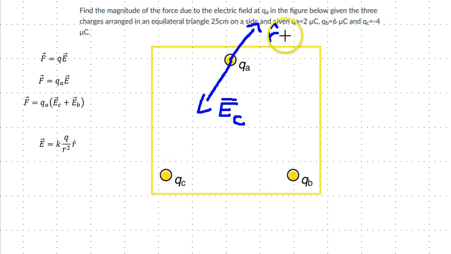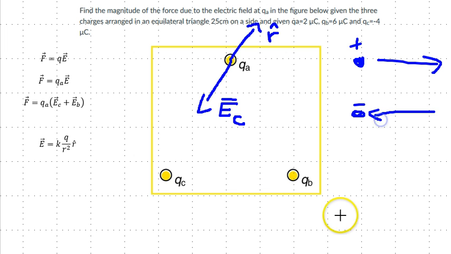So there are a couple of ways to keep this straight in your head. One is to always remember R hat points away from the charge we're talking about, and then the sign of the charge takes care of it. The other is to always remember that if it is a positive charge, the electric field points away from it, but if it is a negative charge, the electric field points towards it.